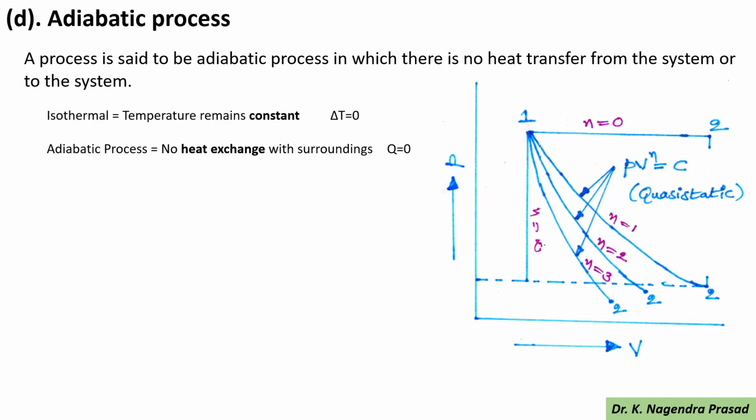In general, for the process relation PV^n equals constant. This is the diagram for the process.